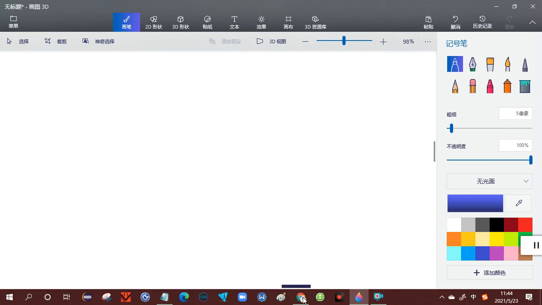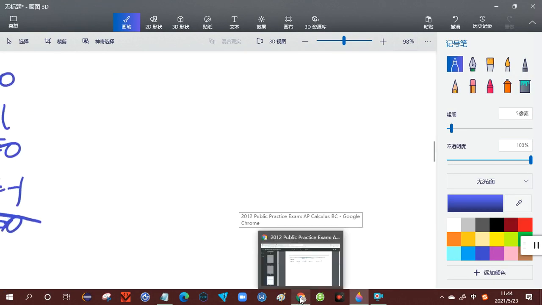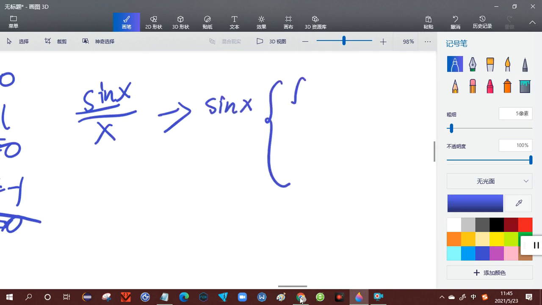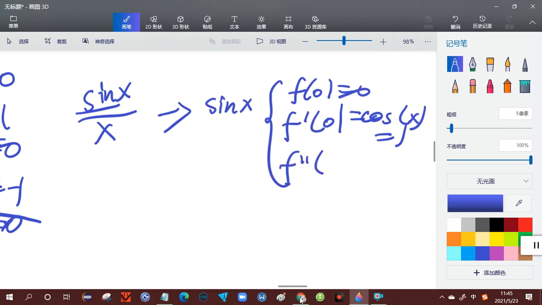Now let's work on our third choice, which is sin x over x. We first get the Maclaurin series of sin x: f(0) is equal to 0, f'(0) is equal to cos 0, which is 1. So we know the equation is as shown.